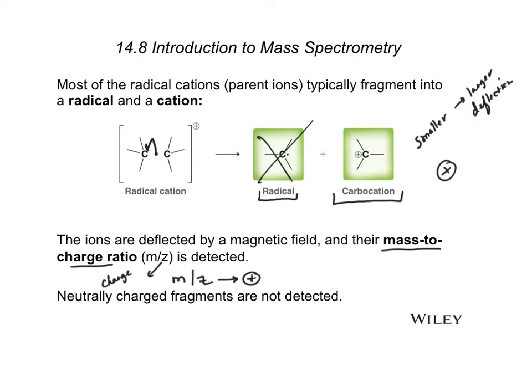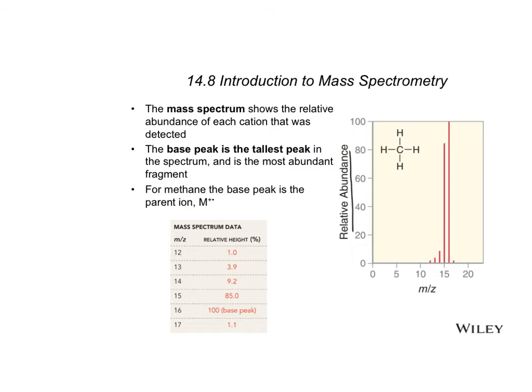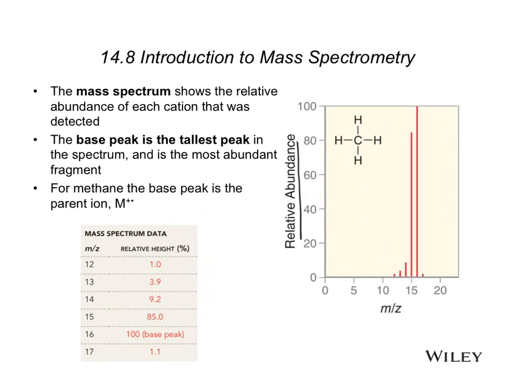Okay, so great. Now, what are we going to do with that? When we look at what a mass spectrum looks like, we're measuring this mass to charge ratio, and plotting it relative to what we call the relative abundance. For example, I have put on the slide the actual mass spectrum of methane.